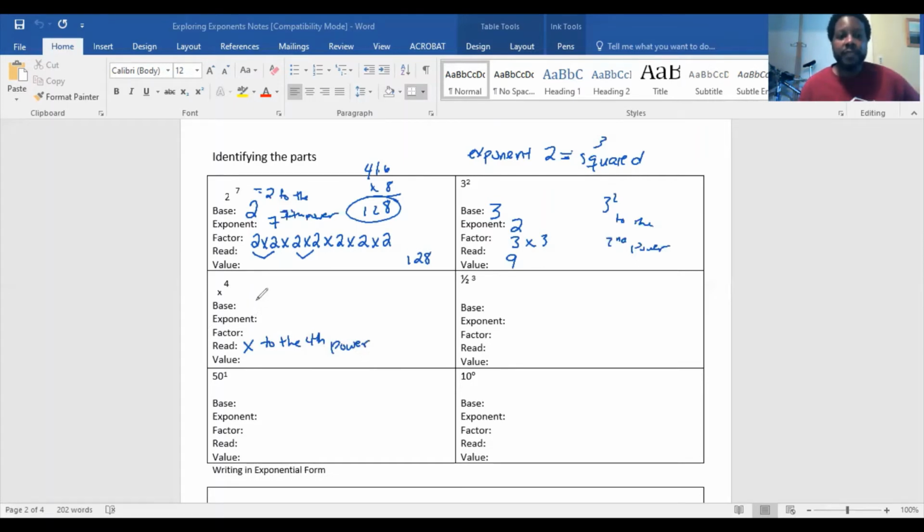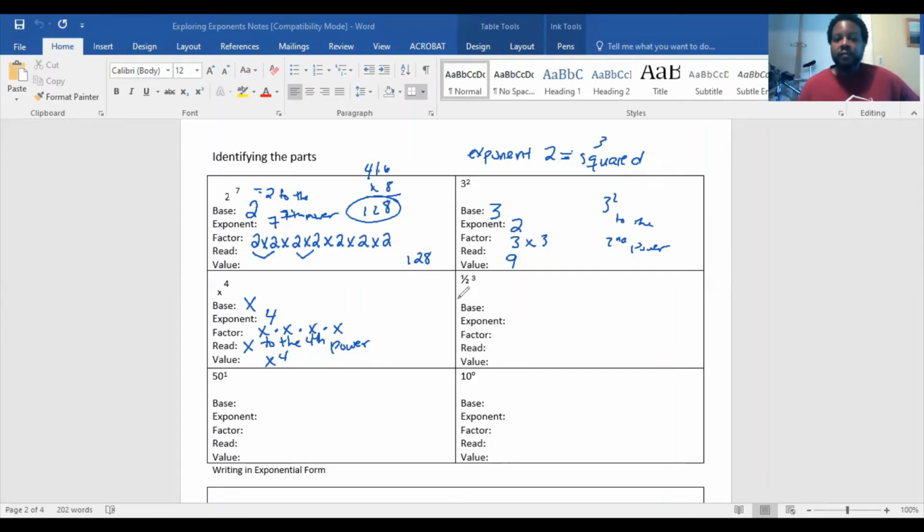My base is x, my exponent is 4, so it's really x times x times x times x. I have 4 x's. And what is that value? It's just still x to the 4. I can't evaluate it because I don't know the value of x, so I just keep it the way it started.